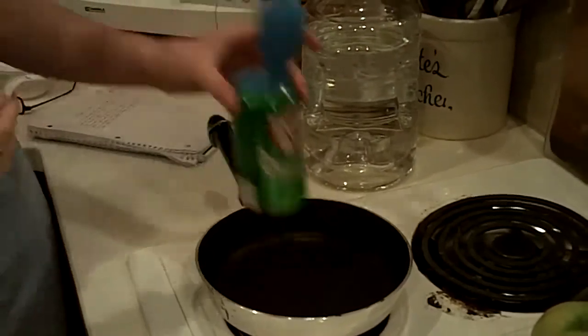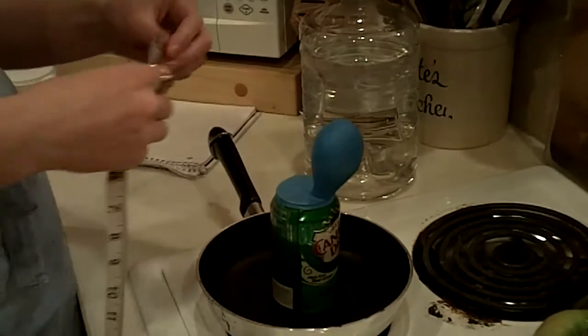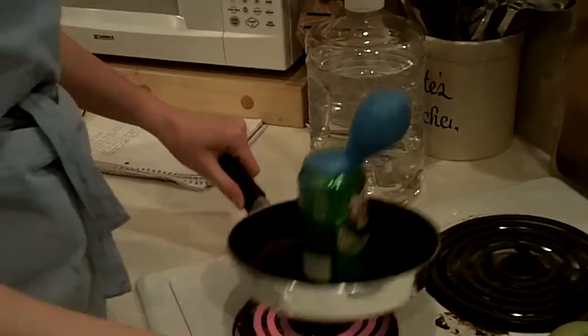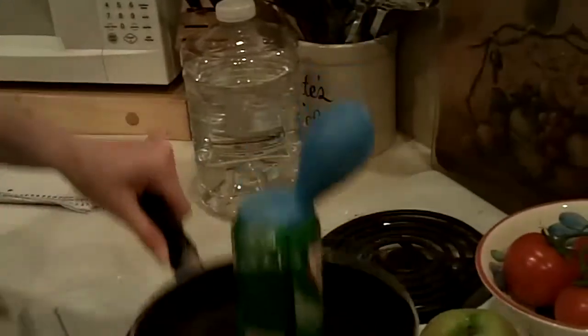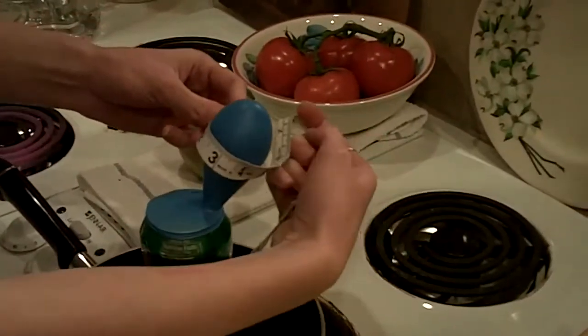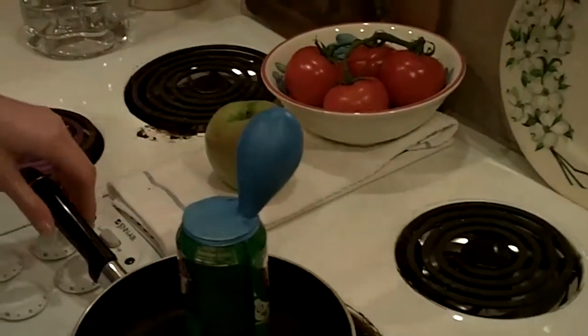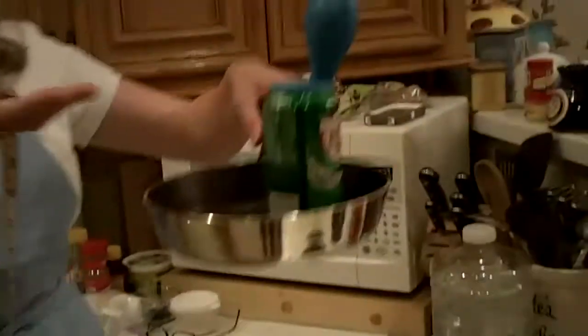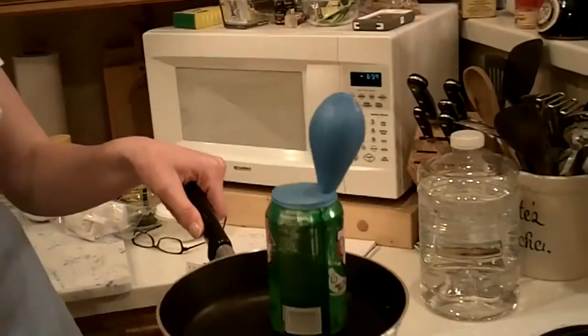Of course it'll go down. We'll just keep it up there. And now you can see that the volume of the balloon has increased because the temperature has increased. Thus proving Charles' law, that an increase in temperature will result in an increase in volume, as shown in this experiment.